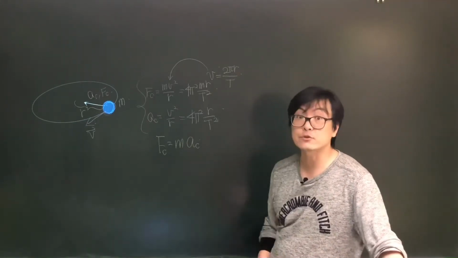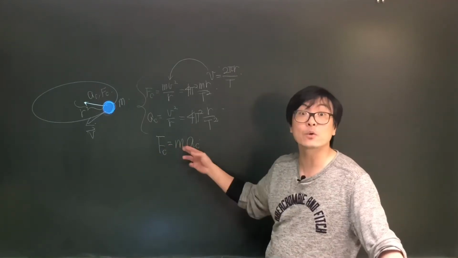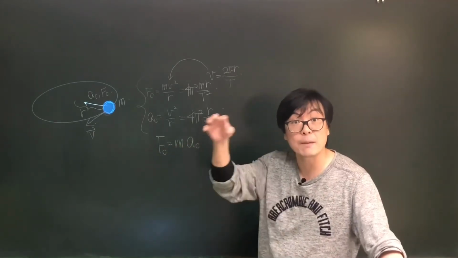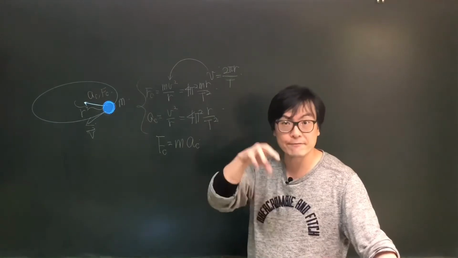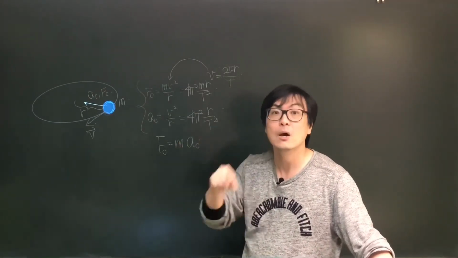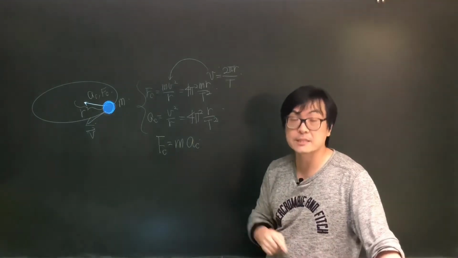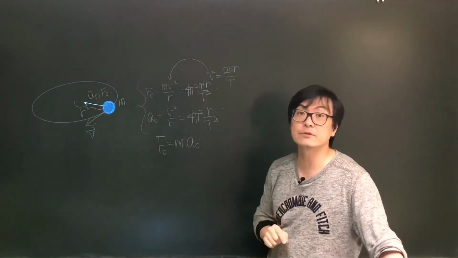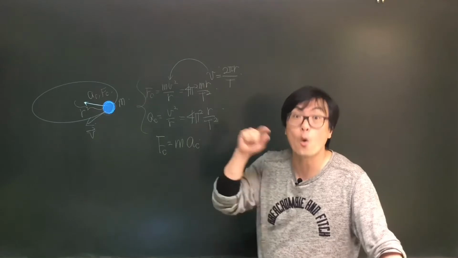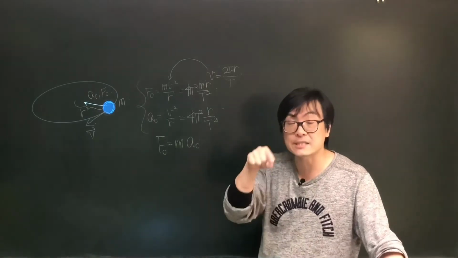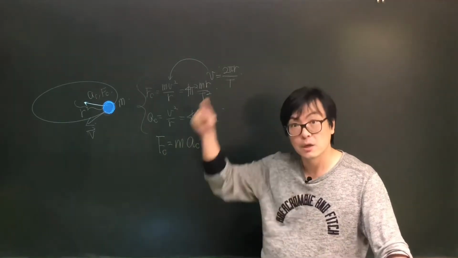No, this centripetal force is the F equals ma. This is always true. In this simple F equals ma equation, what is F? That F must be the net force of the system. It's the net force, not one individual force. So centripetal force is always the net force of a system having circular motion with constant speed.